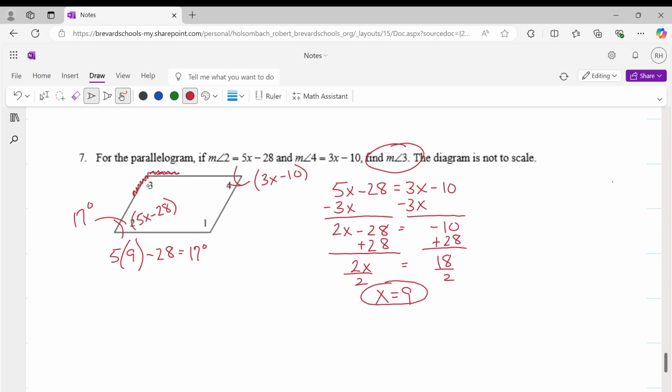But we need angle 3. And once again, angle 2 and angle 3 are consecutive angles. So they sum to 180. So we're going to say the measure of angle 3 plus 17 equals 180.